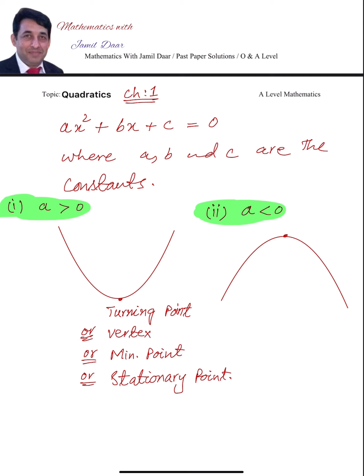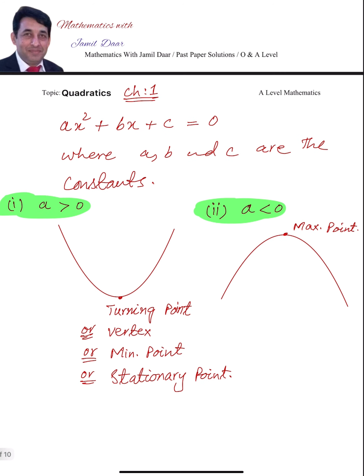All these names other than minimum would be taken for this as well. So this is called the maximum point. And this is minimum point, and that's maximum point. Otherwise, you can say this is also the vertex, turning point, and stationary point.